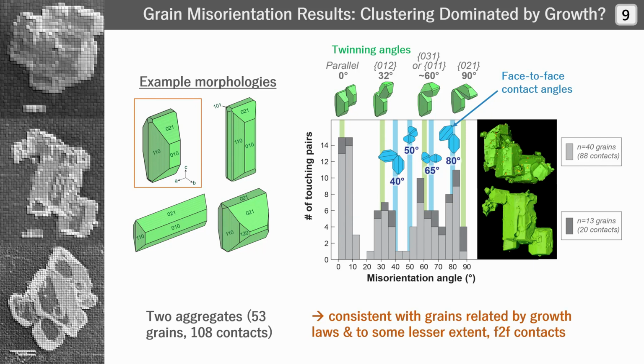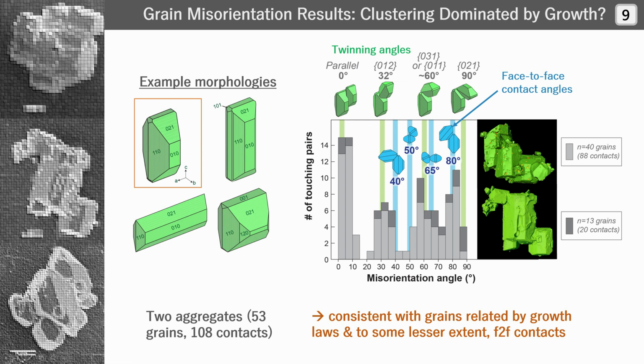Okay, so on to our main results, and sorry for the pretty busy figure here, but the plot shows a parameter called the misorientation angle on the x-axis, which one can perceive as the difference in orientation between the crystallographic axes of 2 grains. The y-axis displays the number of touching grain pairs that have this given misorientation angle for the 2 clusters that we analyzed with DCT.